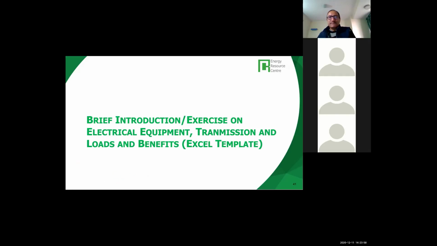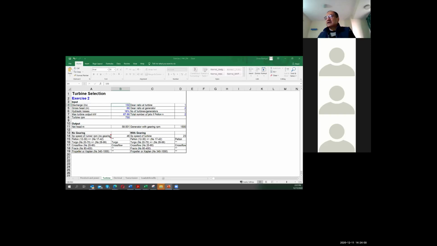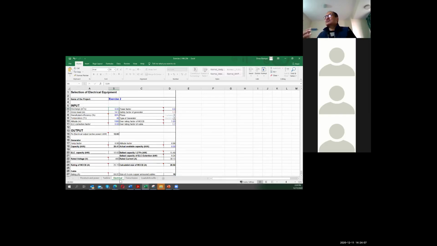You have some background on this, and if you follow these templates, you can calculate the different electrical and transmission systems.